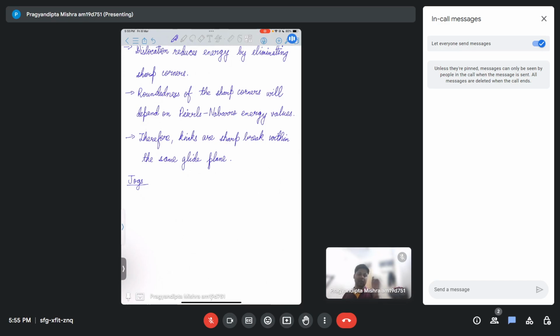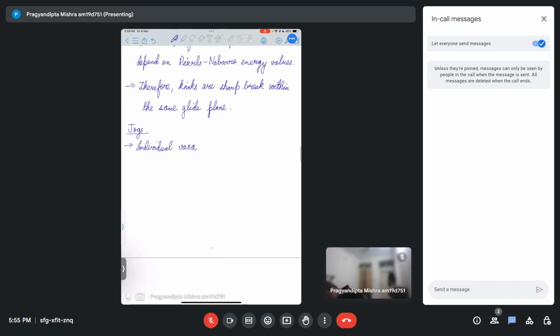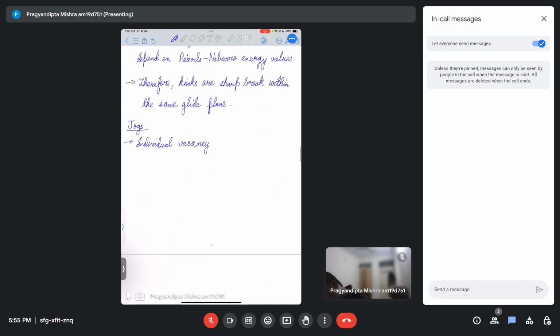Only a particular part will climb up, and that climb will be represented by this jog. So let me write that down. Individual vacancy or cluster of vacancies.